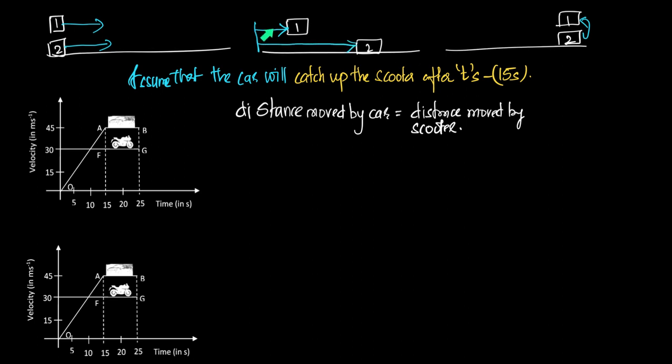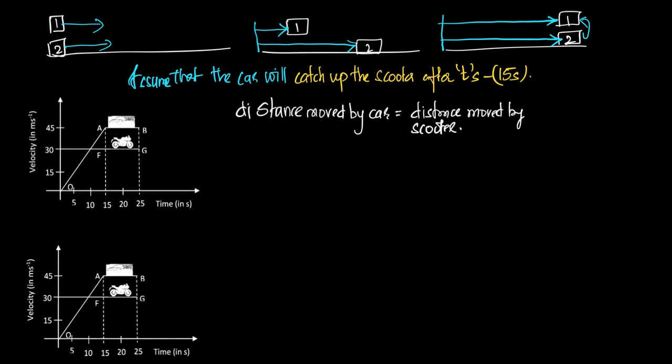So, when the distance moved by 1 is less than that of 2, body 1 will stay behind body 2. But when the distance moved by 1 is equal to the distance moved by 2, what can we say? We can say that both of them have covered the same distance, or that 1 has started to overtake 2, or that 1 has caught up with body 2. Very similarly, when the car and the scooter have traveled the same distance, we can say that the car will catch up with the scooter. Alright.